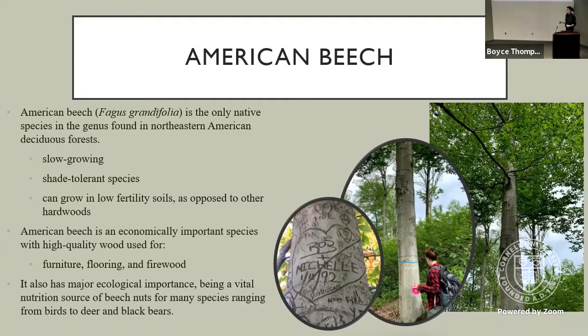Aside from all that, they have important ecological value because they provide a lot of species with beech nuts. The species that eat these beech nuts range from birds to deer and black bears. And this is Dr. Susie labeling the tree that we sampled for DNA extraction, and this is a beech tree.